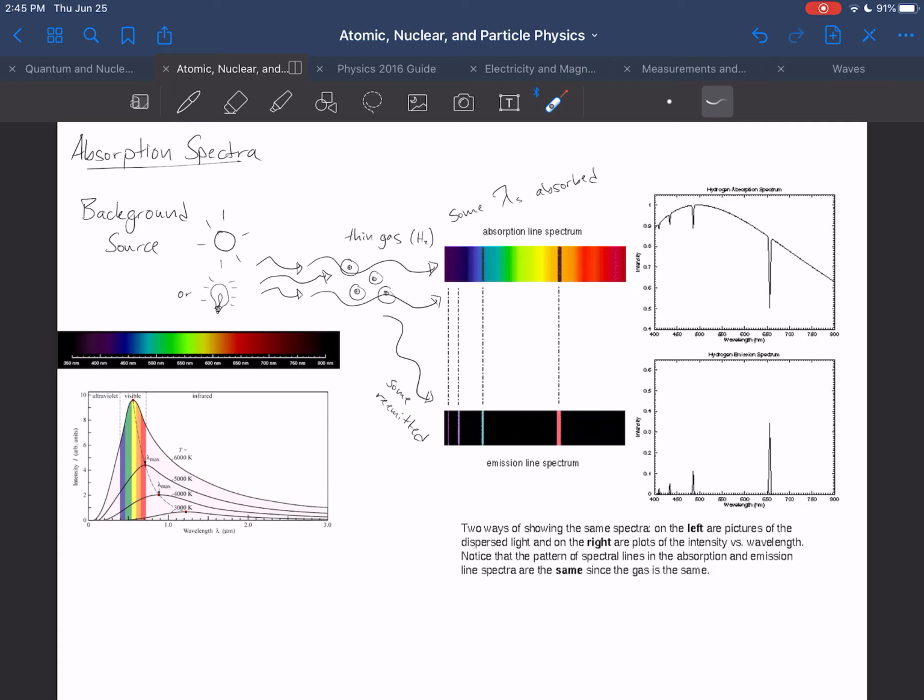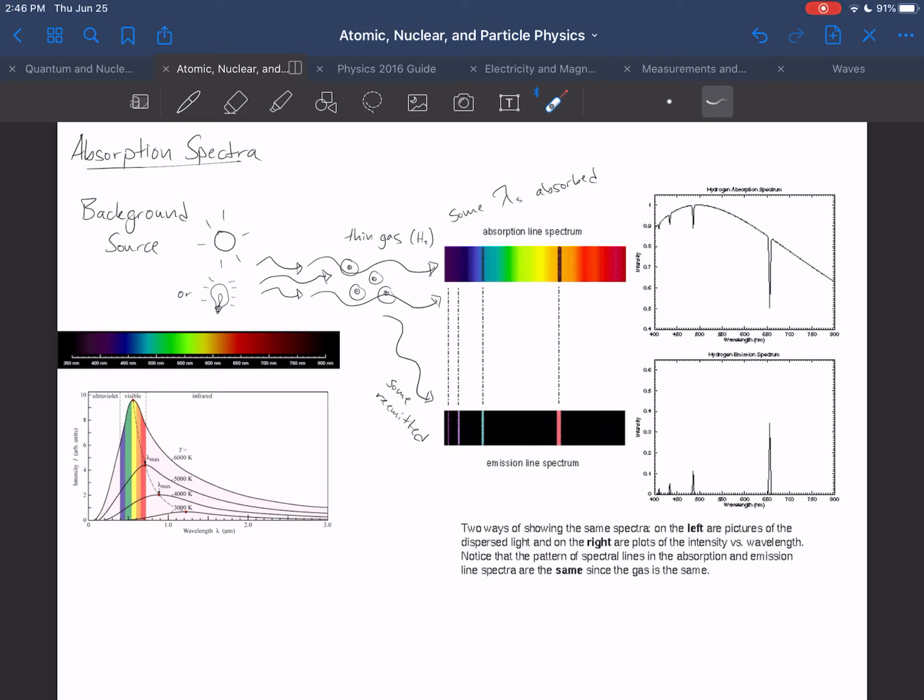Now, you might ask yourself, if the thin gas absorbs the energy and then re-emits it, how come you see shadows? And the answer is that the thin gas is re-emitting it not just in the same direction as it came in, but in all possible directions. So that thin gas is emitting light in all directions, which means if you're only looking at the source, then you see less of the light at these wavelengths than you would expect.